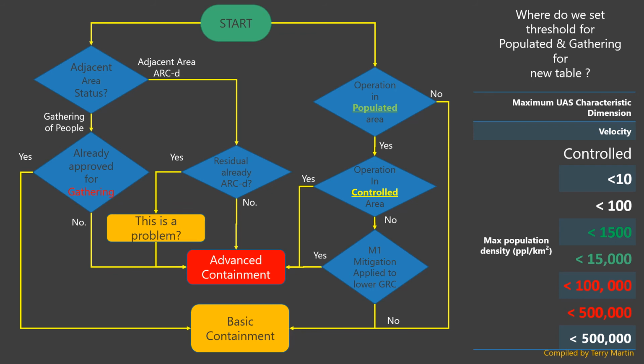Now, your adjacent area status gets a little complicated for the air risk picture, because operating in a controlled airspace with ADS-B and primary and secondary surveillance radar and procedural controls, and where the common operating picture for the ATC is fairly strong, is very capable of keeping you completely safe with a low-performing detect and avoid system.